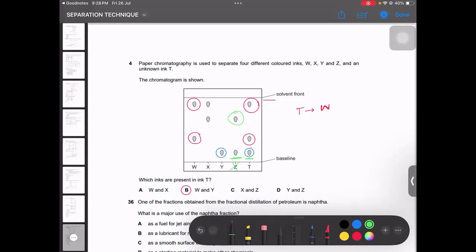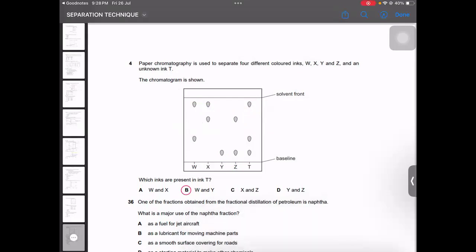Exactly. Why not X? Because X has not any... yes, this is matched. But what about this? So remember, all spots must match with your sample. So basically, for those questions, you are supposed to think accordingly. Okay.